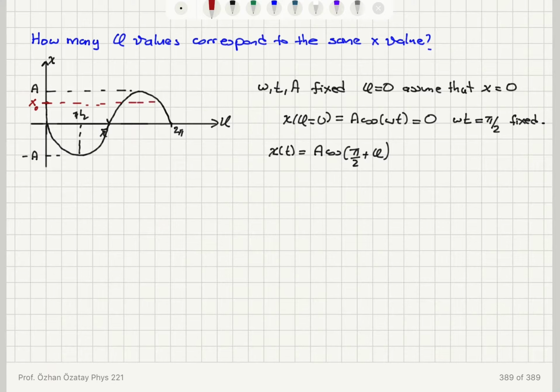You will see that I have one phi value here and another phi value here. So the mapping between x and phi is not 1-to-1. So for each x value, we have two phi values.